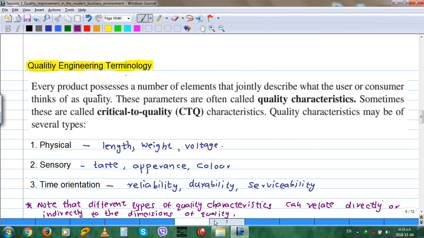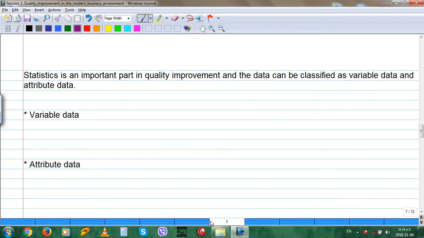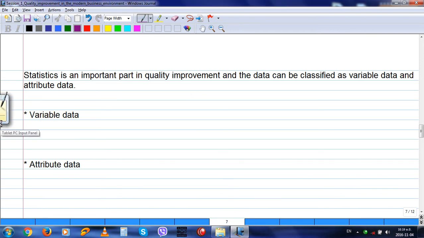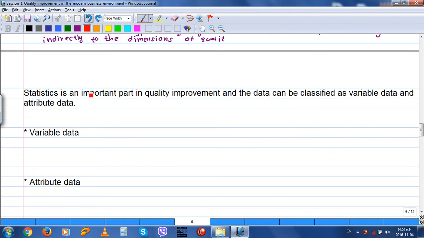Next, statistics is an important part of quality improvement, and the data can be classified as variable data and attribute data. Statistics plays a major role in data analysis.